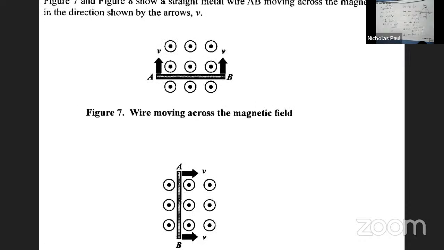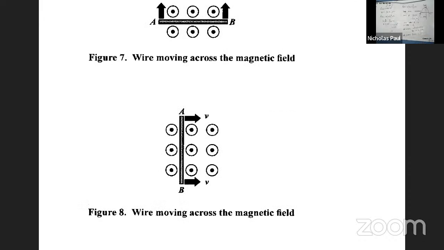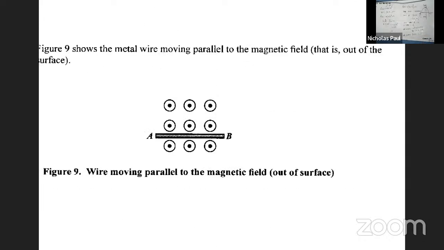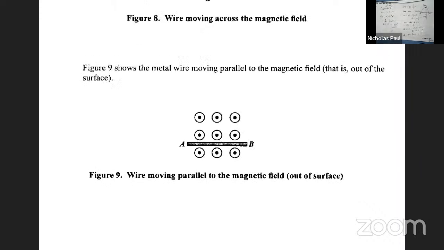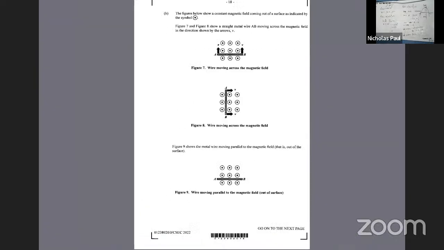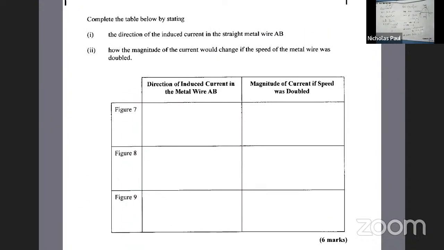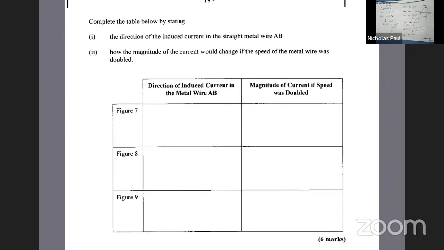So you're moving a conductor in a magnetic field, so you'll get a current. They show you how it's moving. Complete the table below by stating the direction and the magnitude of current.